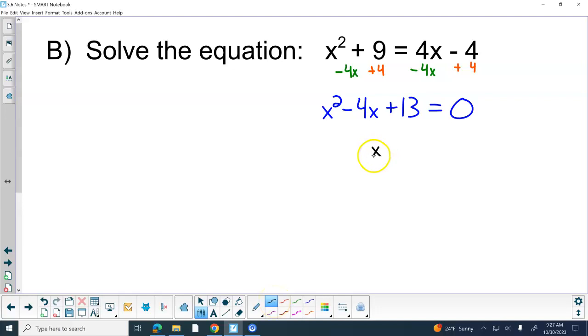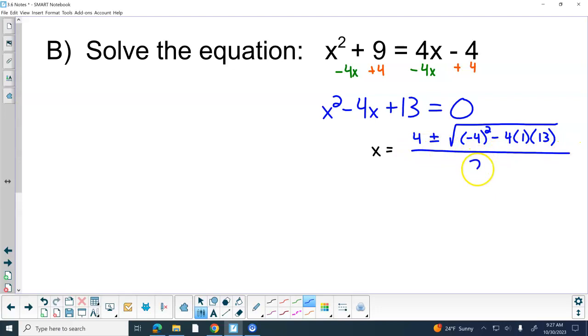So we've got here x equals the opposite of b, which would be positive 4, plus or minus the big square root of negative 4 squared minus 4 times a, which is 1, times c, which is 13, all over 2 times a. Anybody need me to rewrite the quadratic formula for them? Opposite of b plus or minus square root b squared minus 4ac all over 2a.